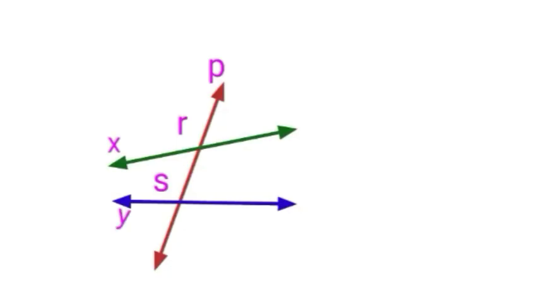Here, if the line P intersects two non-parallel lines x and y at two distinct points R and S, would it be correct to say that the line P represents the transversal line?